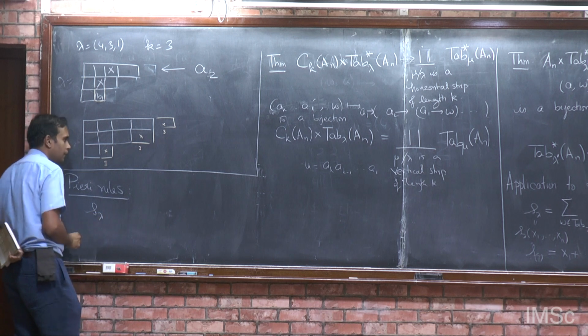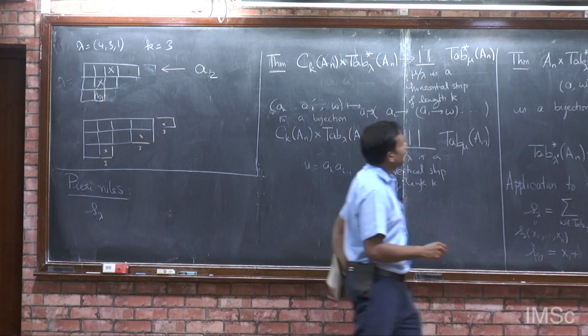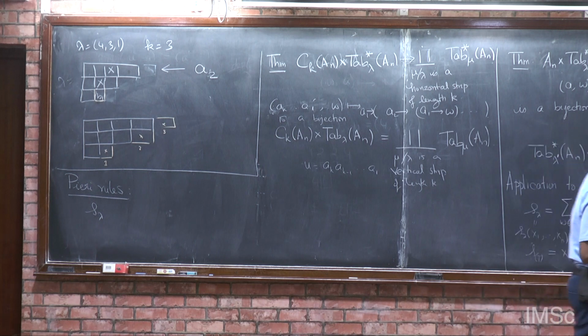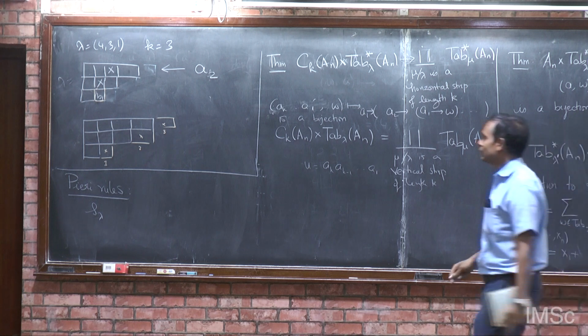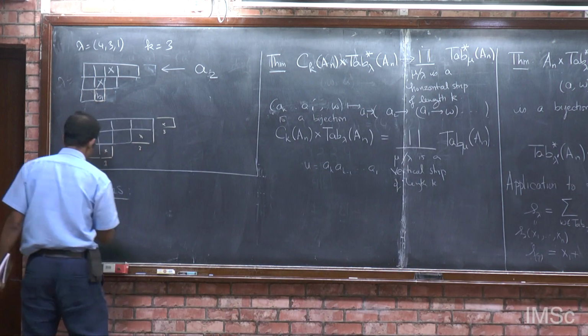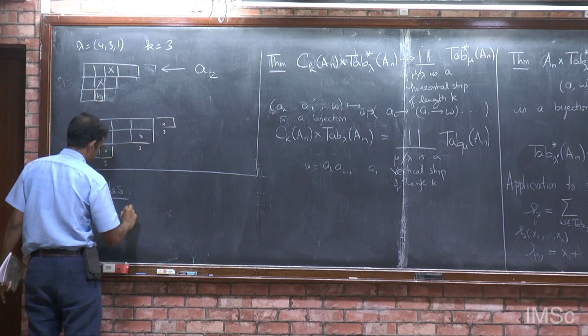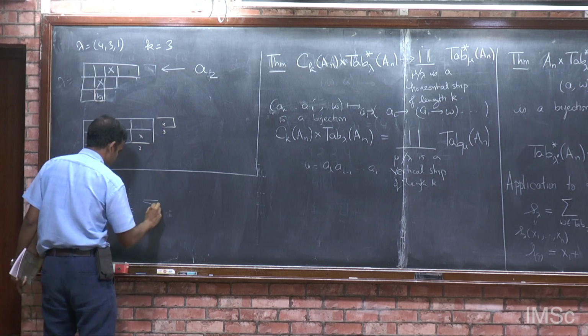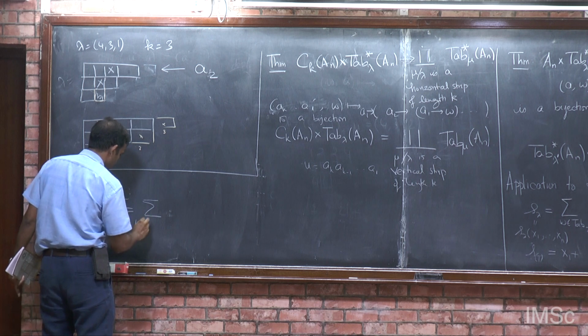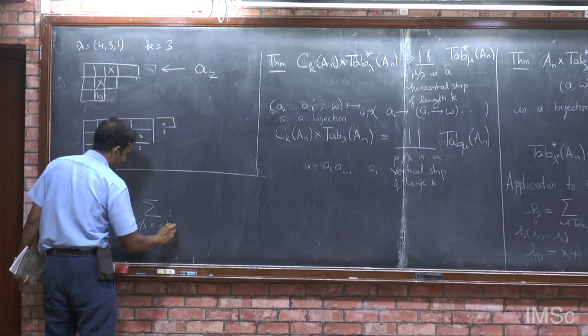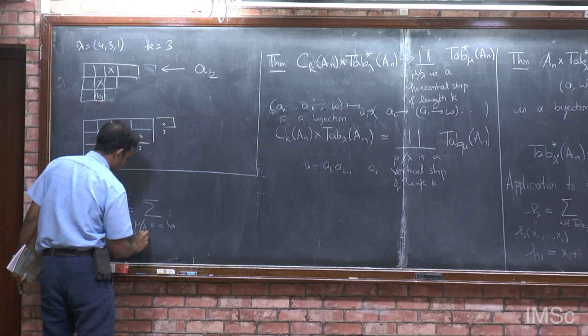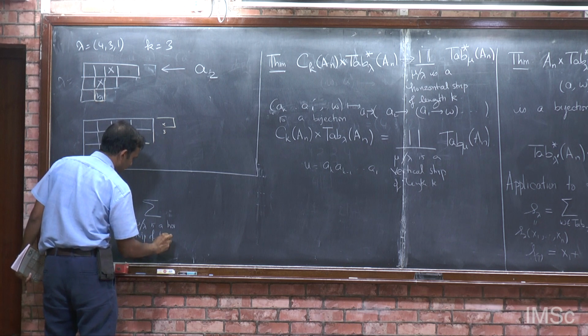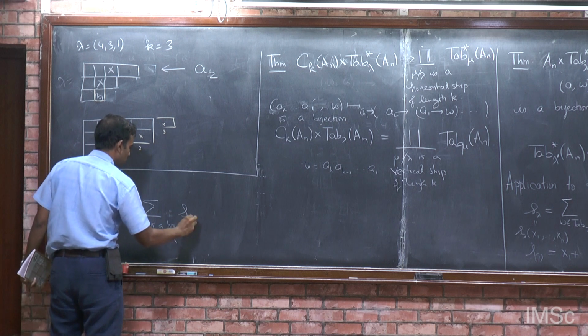S lambda. Now recall that the rows are used to define the complete symmetric functions, right. So what you are saying is S lambda times H k is the sum over mu such that mu minus lambda is a horizontal strip of length k, S mu.